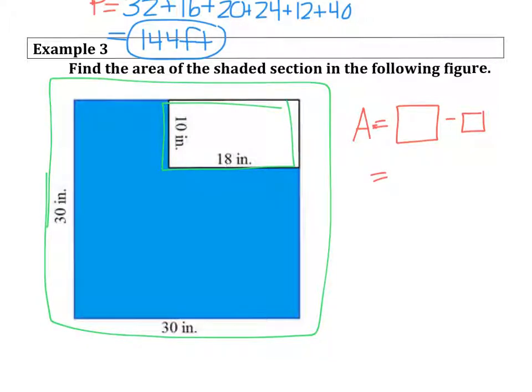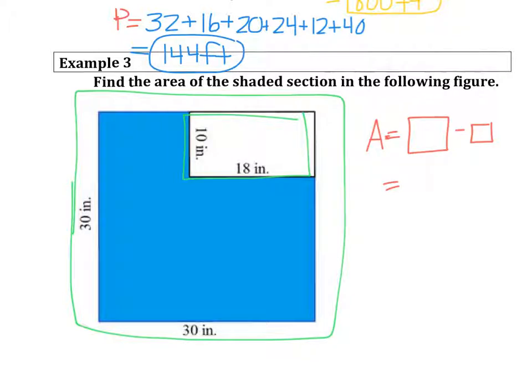You may choose to do the work in two separate places and then do your subtraction later. That's fine with me. Just as long as you show all your work, it's okay if it's in two different places and you do the subtraction later. Base times height of the giant rectangle is going to be 30 by 30, minus the little one is 18 by 10.